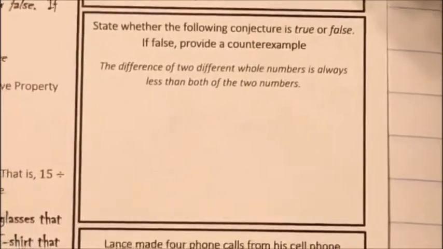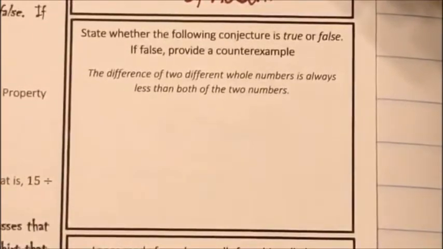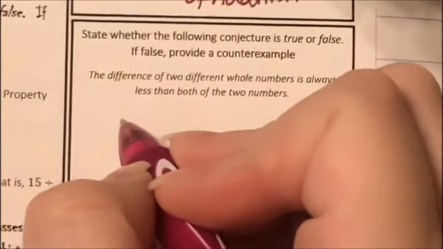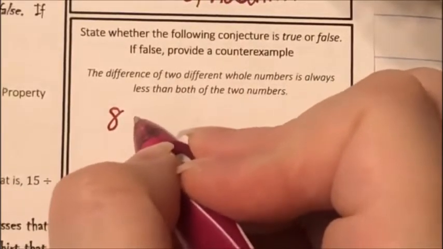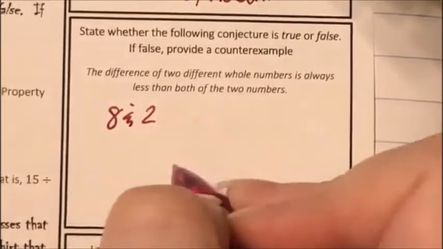So the second one I have is state whether the following conjecture is true or false. If false, provide a counterexample. So it says the difference of two different whole numbers is always less than both of the two numbers. Okay, so I'm going to pick two numbers. I'm going to say 8 and 2. Okay, so those are the two numbers I picked.